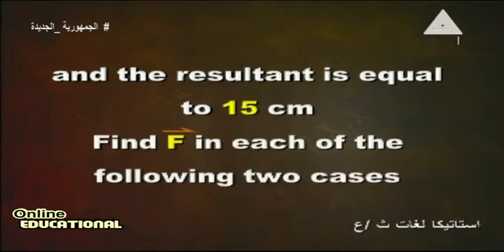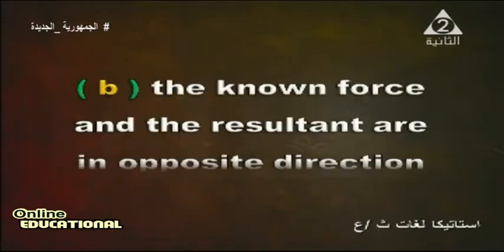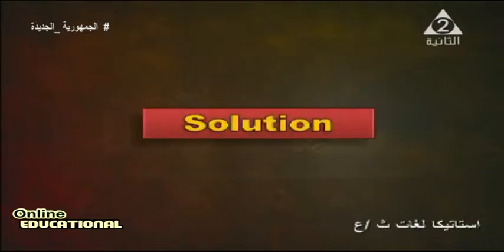What is required? Find the unknown force F in each of the following two cases. Look at the first case, the known force and the resultant are in the same direction. The second, the known force and the resultant are in opposite directions. My dear student, look at solution.